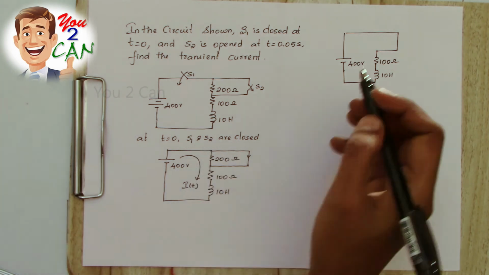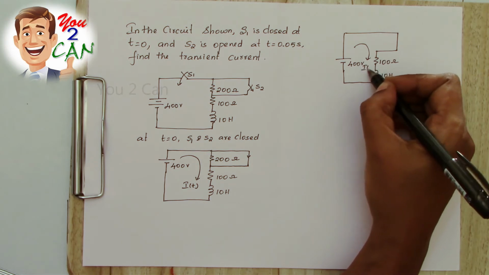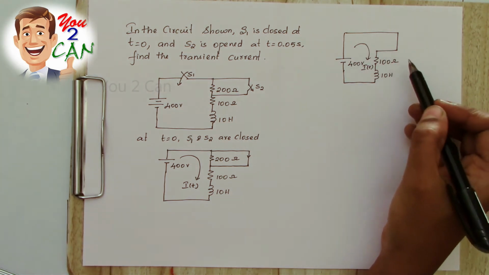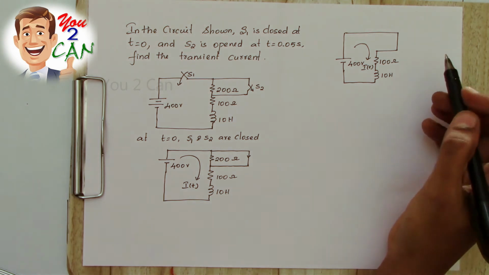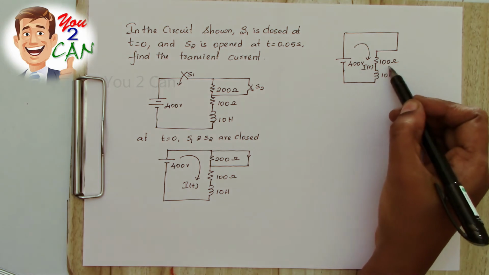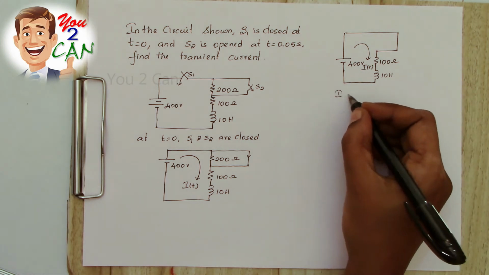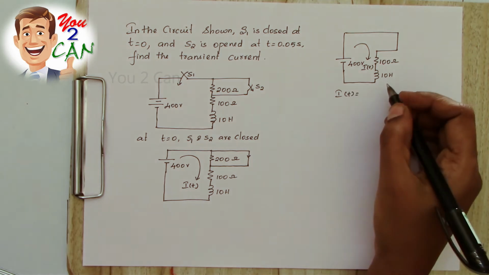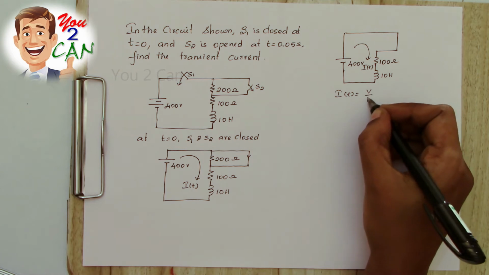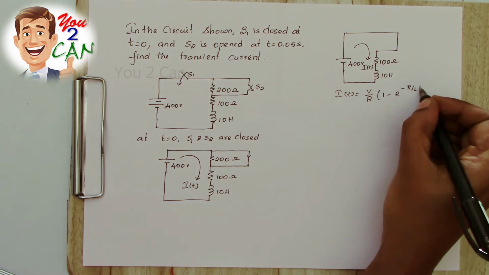Okay, understand the problem. Now you have to find the current through this, i of t. This is an ordinary RL series circuit with initially relaxed condition, that is 400 volt excitation, 100 ohm resistor and 10 Henry inductor. Now what is the current i of t? i of t is equal to V by R into 1 minus e power minus R by L t.